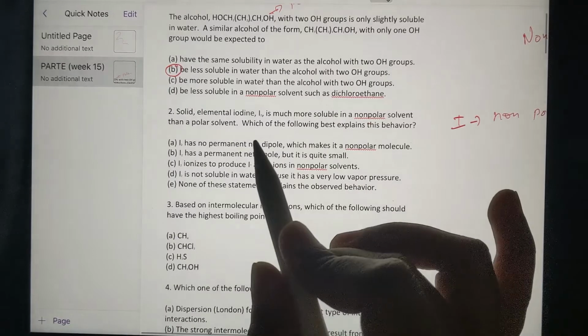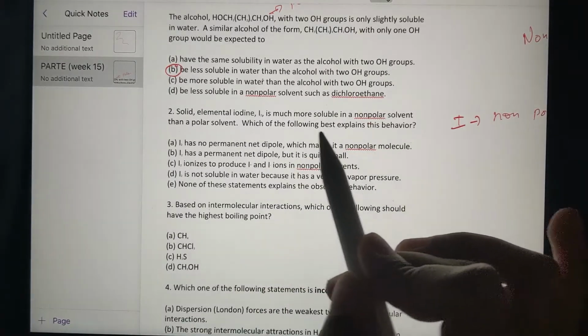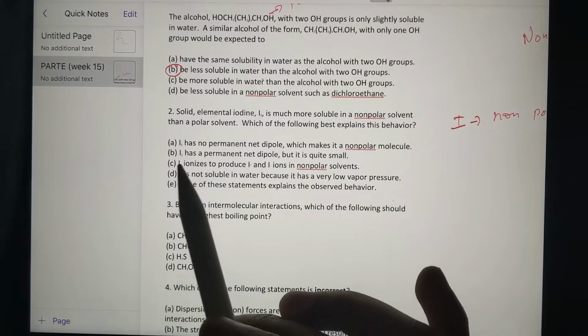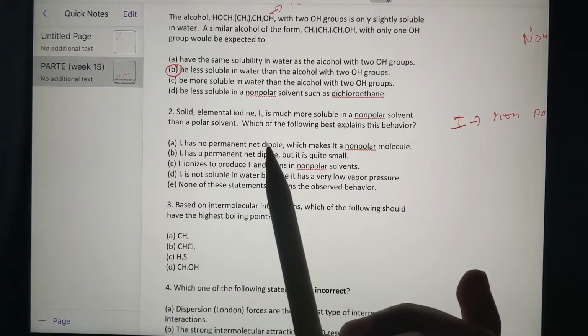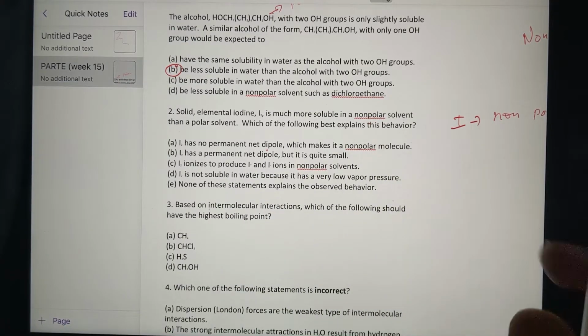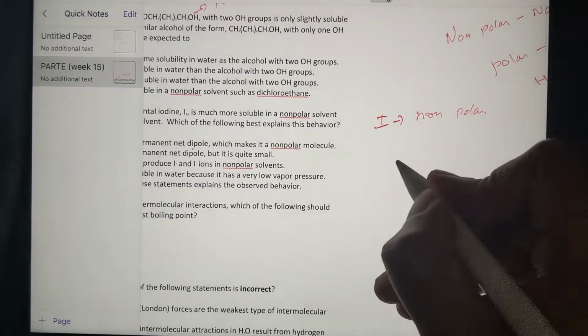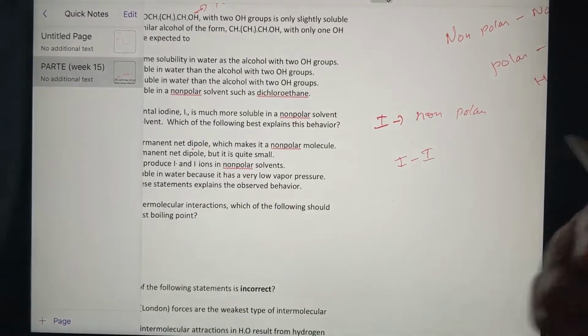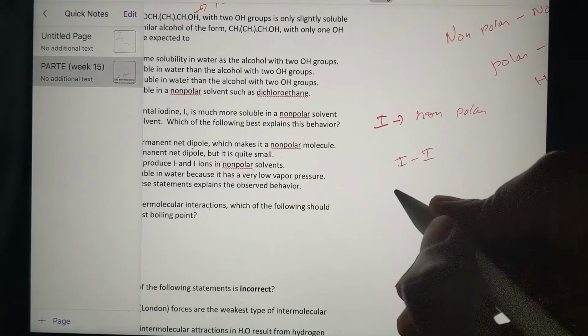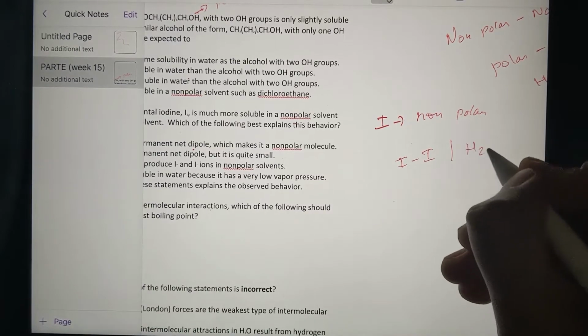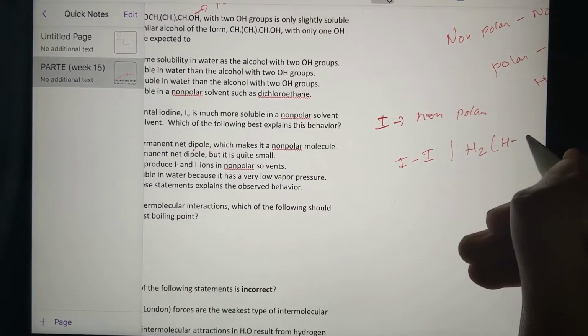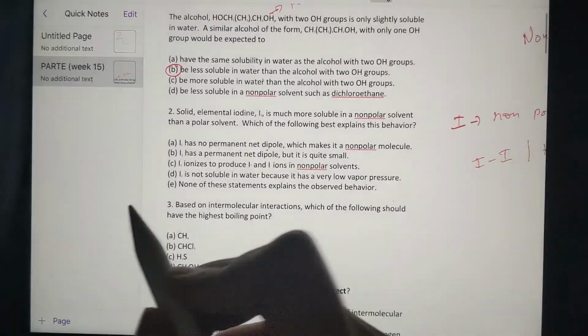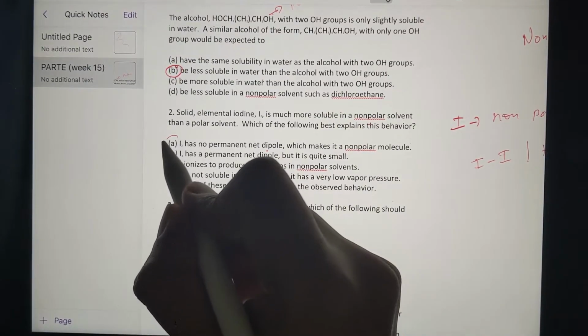Which option best explains this behavior? Iodine has no permanent net dipole, which makes it a non-polar molecule, and that is true. There is no net dipole moment, just like in hydrogen. So the correct answer will be A.